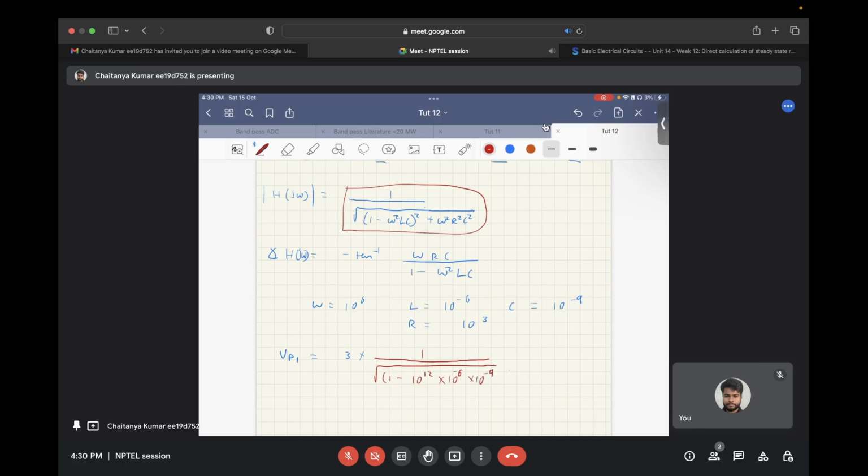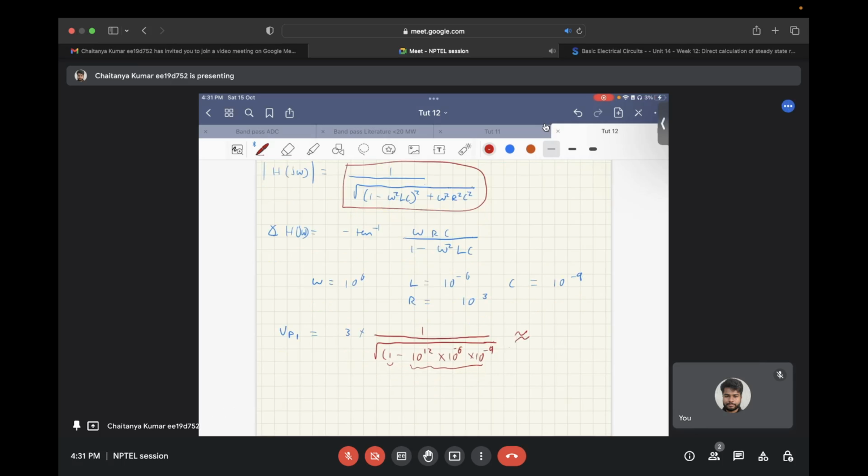Again, over here, this term will be much smaller than 1, so this term can be ignored. So this will be approximately equal to 3.